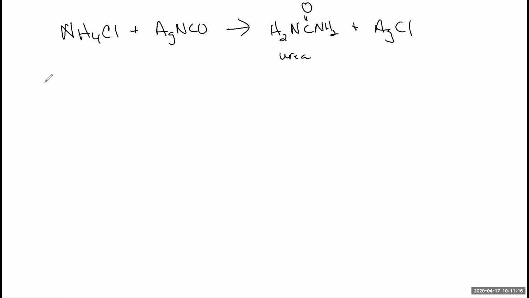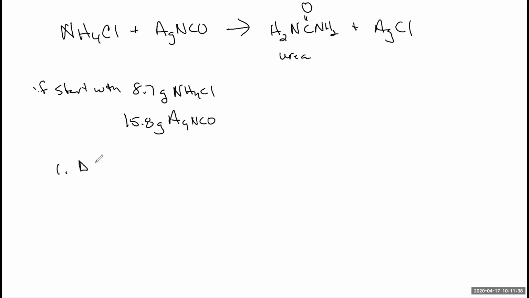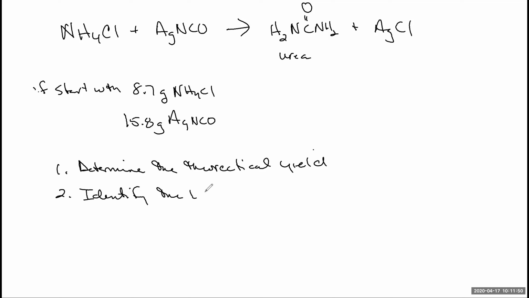But say if we started with 8.7 grams of ammonium chloride, and we start with 15.8 grams of silver thiocyanate, which you don't know what that is, but that's okay. If we start with that, the question that I'm asking you to do is, 1, determine the theoretical yield. 2, identify the limiting reagent.